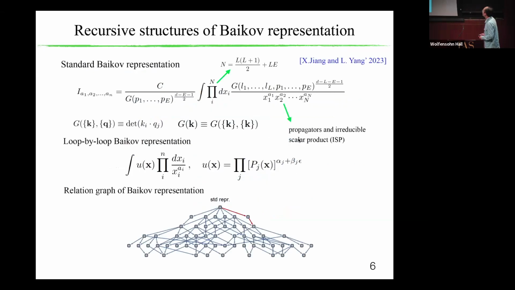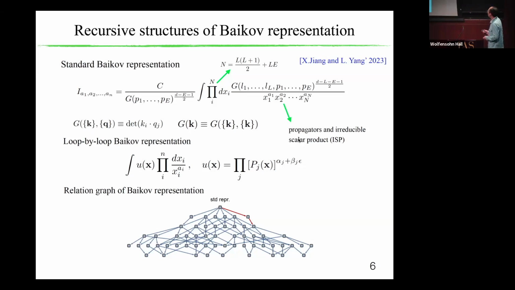Okay. Then since my talk is about getting the letters directly from the Gram determinant, I should first explain the Baikov representation. Actually, it is just a change of variables from the components of the loop momenta to the scalar products of the loop momenta.